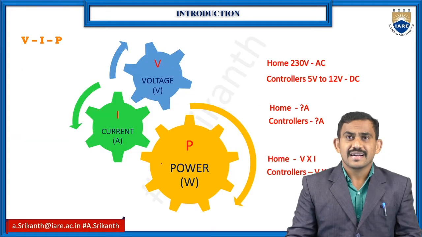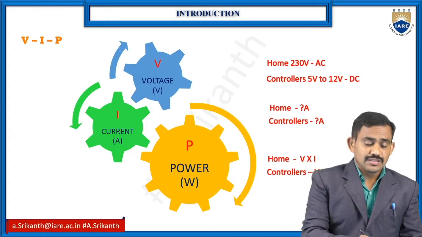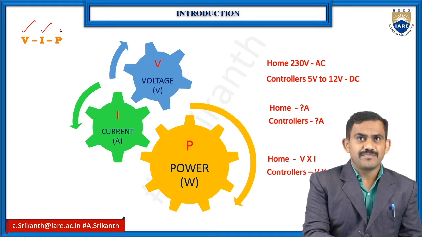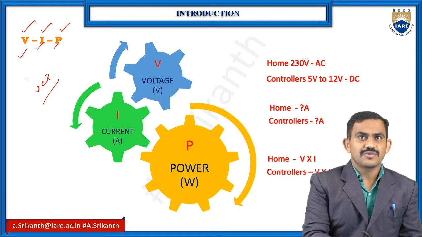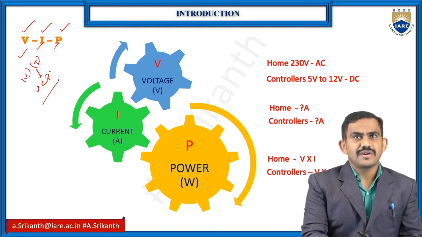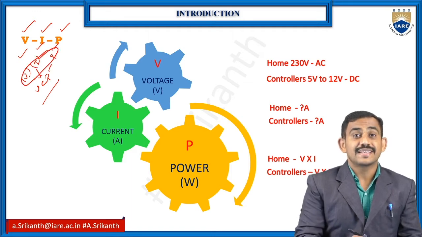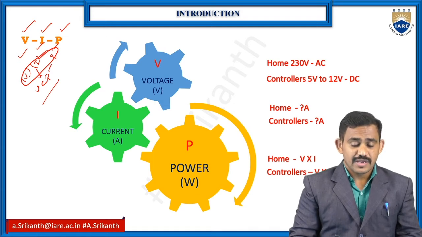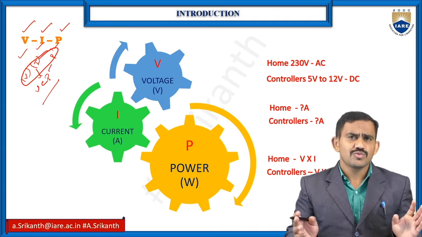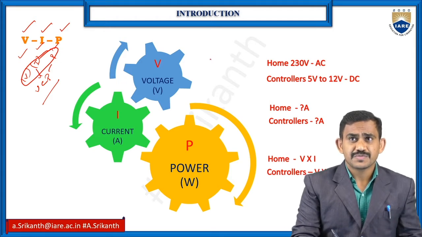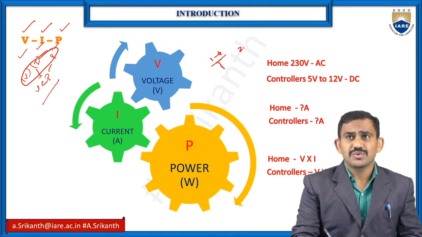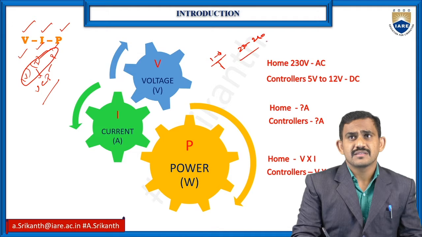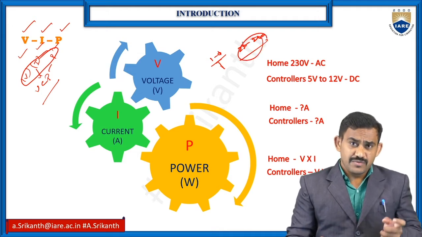Coming to voltage, current and power, not VCP, okay, like VIP. Voltage we represent with V, current with I, and power with P. So VIP: voltage, current and power. In general, voltage in your home is 230 volts for single phase. At home everyone has 230 to 240 volts.